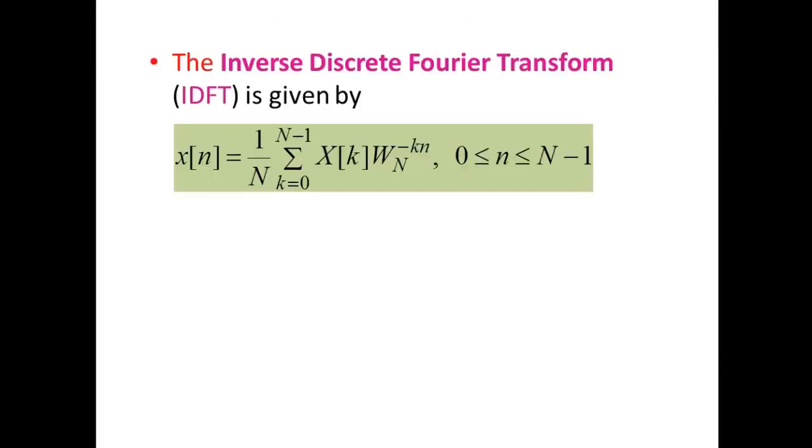Now we will see the numerical problems on inverse discrete Fourier transform. This is the formula for finding the inverse discrete Fourier transform. The question gives the DFT, so we have to find the IDFT, that is inverse DFT, by making use of this X of k.